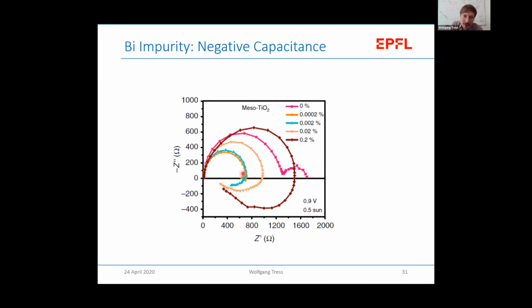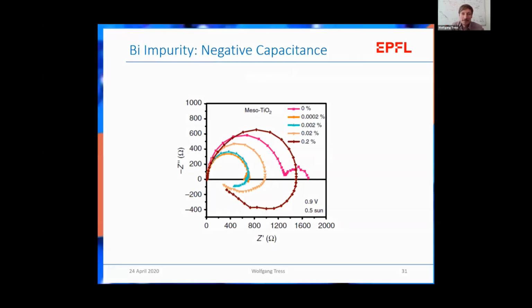Anyways, we saw that this feature appeared here, which represents what we call negative capacitance. Because in this regime we would have a capacitive response, here we have resistive regions, and when we go down in this plane, in principle, it looks like an inductive response, which is not expected in such a material, and people often call it negative capacitance.